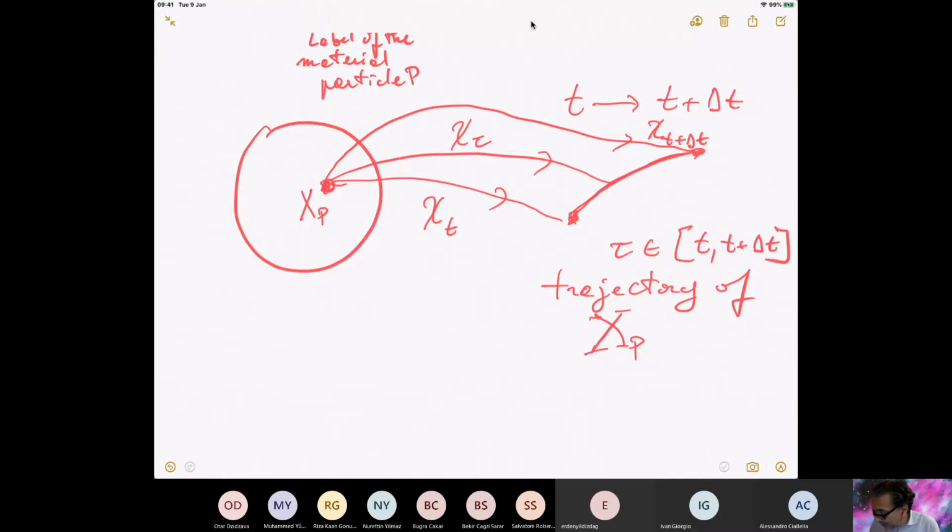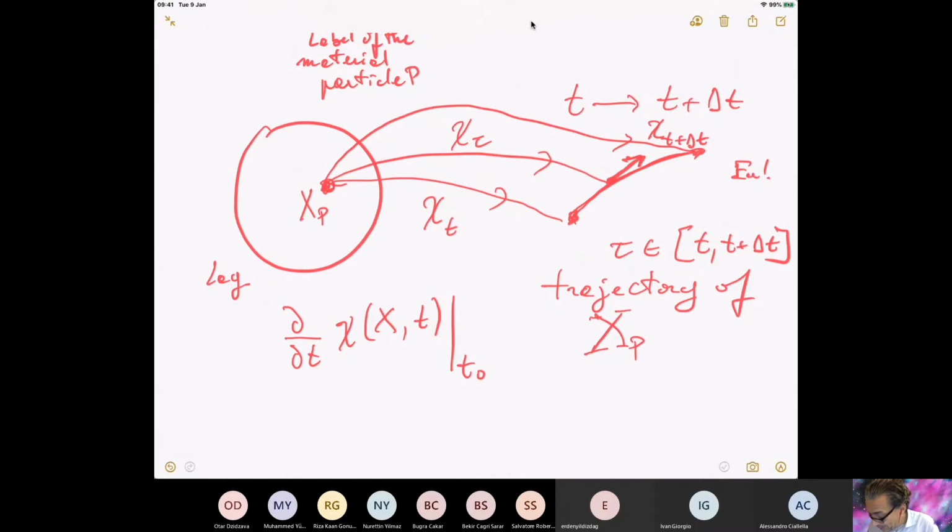So if you calculate the partial time derivative of key of x and t, and you calculate this at any instant t0, okay, what you have? You have a vector which is, this is Lagrangian, and this is Eulerian description. You have a vector which is the tangent vector to the trajectory of capital XP.